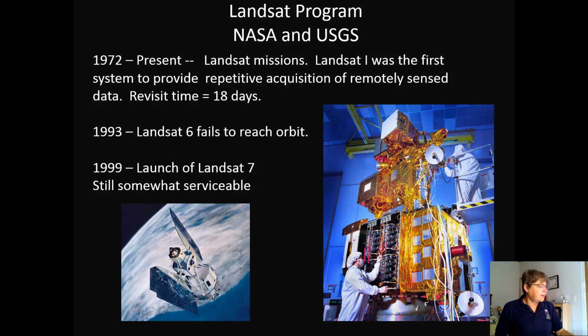And some of the government officials, actually the Secretary of the Interior, his name was Secretary Udall, he thought this would be great, that if we could get pictures of the Earth from space, it would be a great way to help us manage natural resources. And so he promoted this Landsat program, which we still have going on right now.